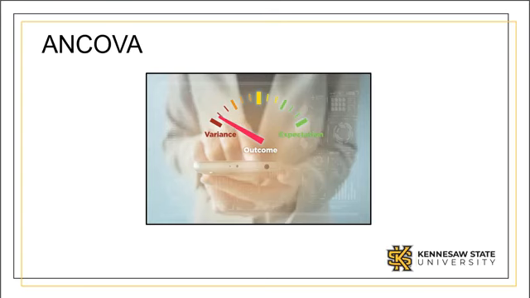And ANCOVA is used to determine whether there are any statistically significant differences between 2 or more groups, adjusting for the influence of a covariate variable. The hypothesis statements will mirror what was offered for the ANOVA, but must be adjusted somewhat to account for the influence of the covariate variable.